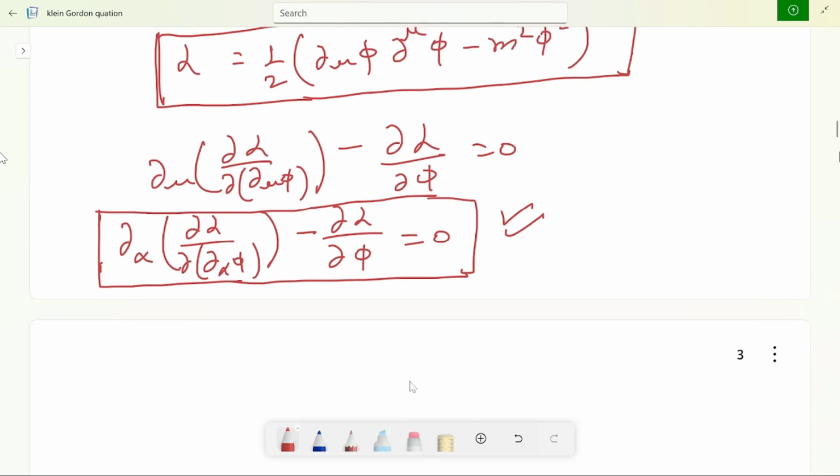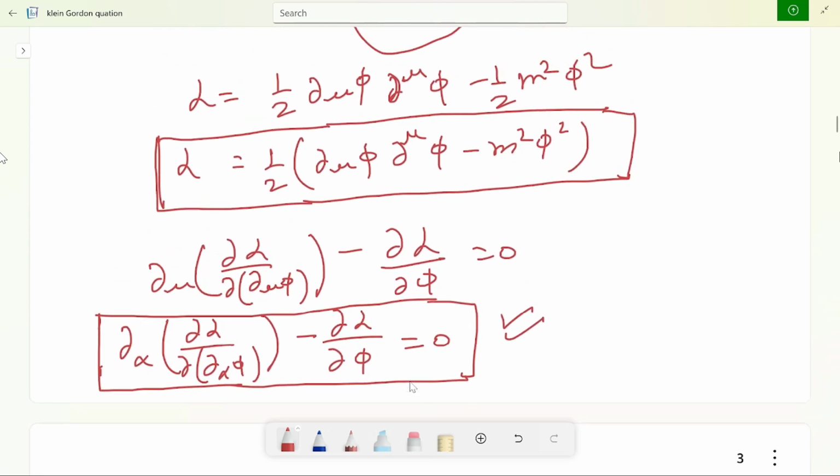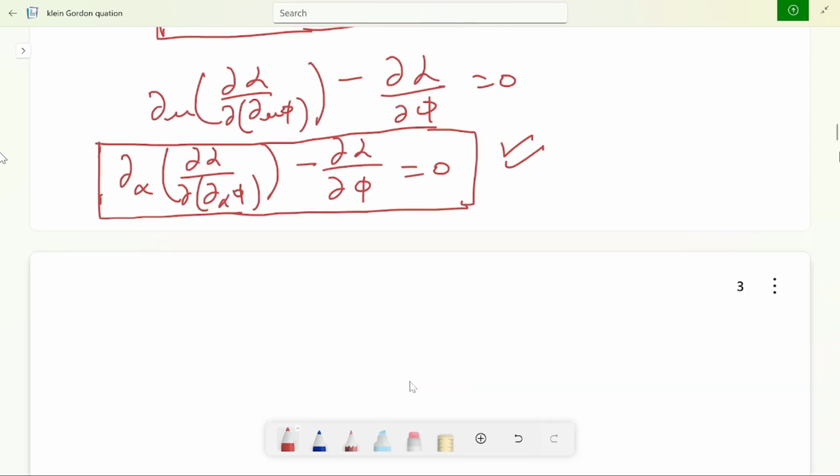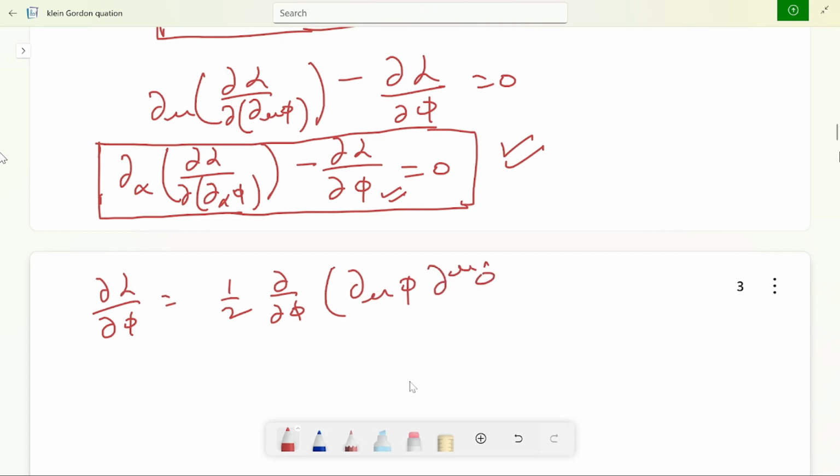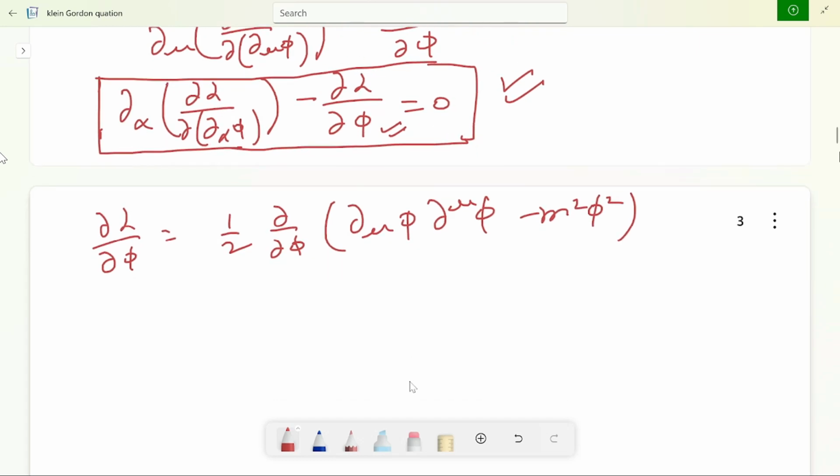First of all, notice that this part, m square phi square, is the easiest part to solve, as it does not depend upon the derivative of the field, right? So working with this part first, we have dL by d phi equals half d by d phi of d mu phi d mu phi minus m square phi square, right? Notice that we are taking the derivative with respect to the field itself.